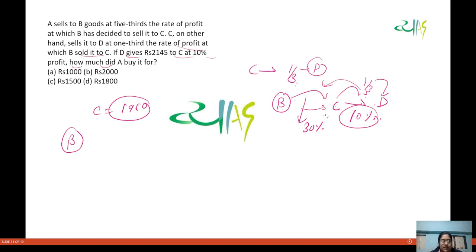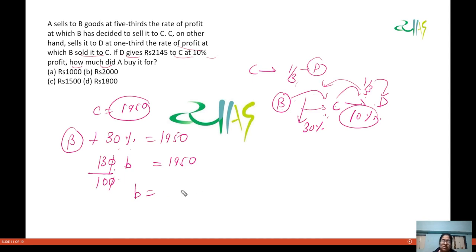Okay, B took 30% profit. So after taking 30% profit, we got this 1950. So this is 130 by 100 into B's price is 1950.